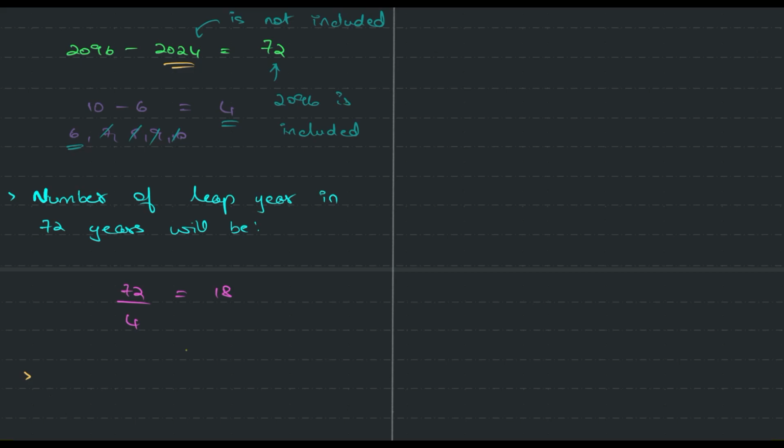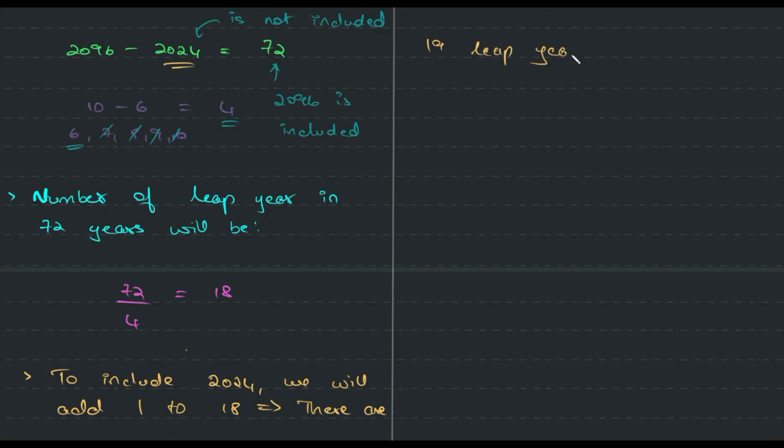Remember, we need to make it part of the sequence as well. To include 2024, we will add 1 to 18. There are 19 leap years from 2024 to 2099, including 2024.